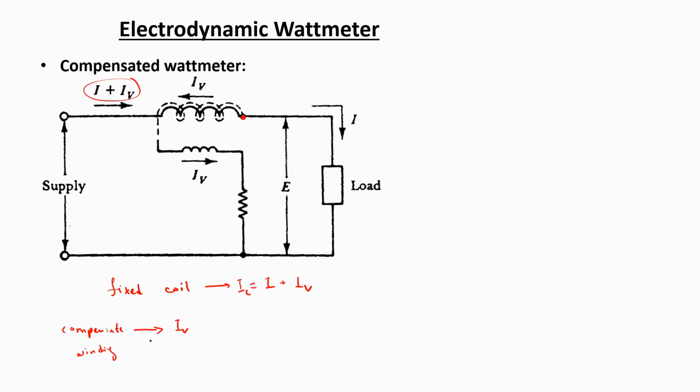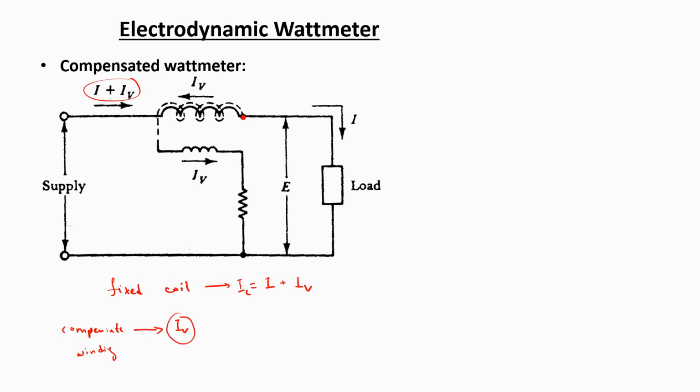So the compensated winding is also going to develop a magnetic field, and that magnetic field is going to be proportional to IV. Now as the compensated winding is done in the opposite direction, right alongside each turn of the fixed coils, this magnetic field produced by the compensated winding is going to oppose the main field produced by the fixed coils.